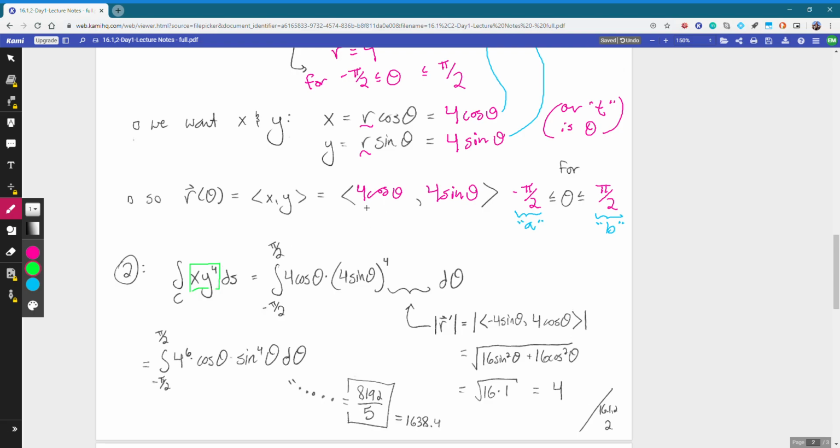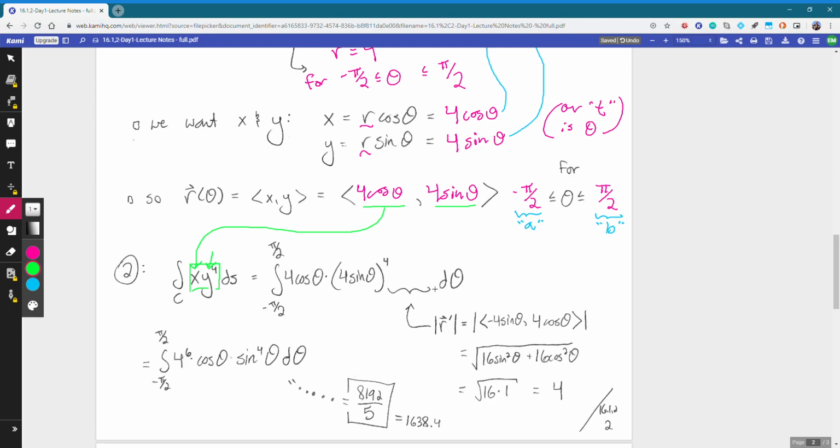And so here, this 4 cosine theta just gets plopped in for x wherever we see an x, and the 4 sine theta similarly gets popped in for the y wherever we see it. And so making those replacements, x becomes 4 cosine theta, y becomes 4 sine theta to the fourth, because we had y to the fourth here. We have our limits for theta as our limits of integration.